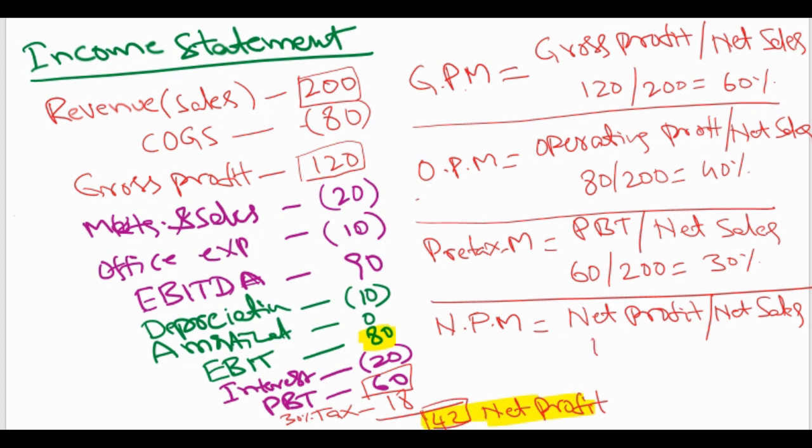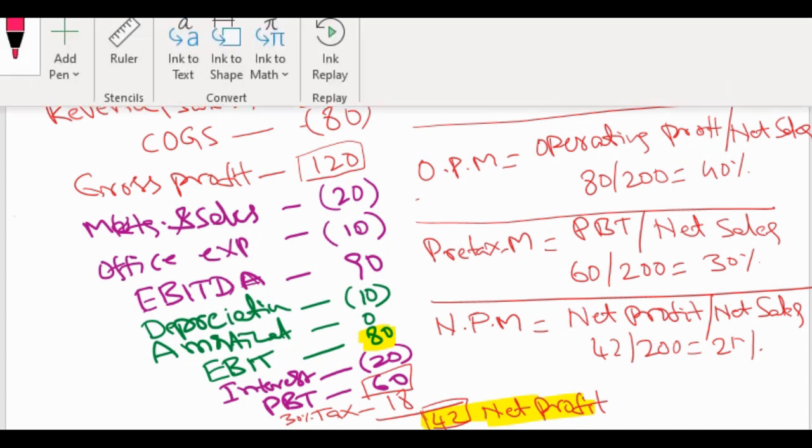So 42 divided by 200 equal to around 0.21. So it is 21%. So this is how we calculate these margins. So, if you look at these values, the analysis, right?